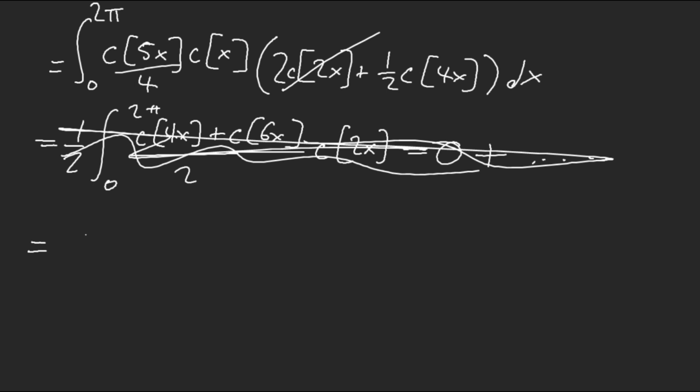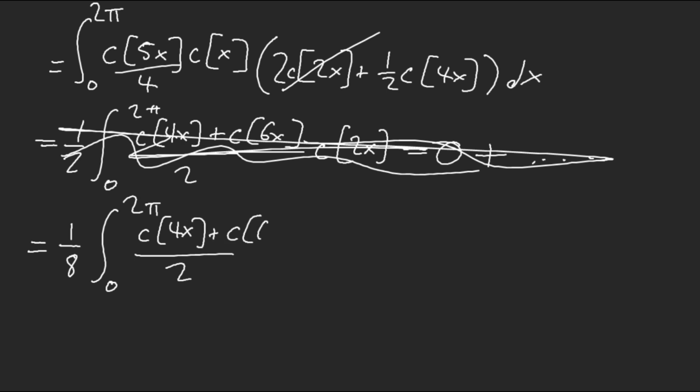So then plus whatever. That whole term equals 0. All right, so let's focus on this one now. 1/8 from 0 to 2 pi. And now we have, again, cosine 4x plus cosine 6x. Uh-oh, we do have cosine 4x. We have a square. Okay, but this term cancels out though.